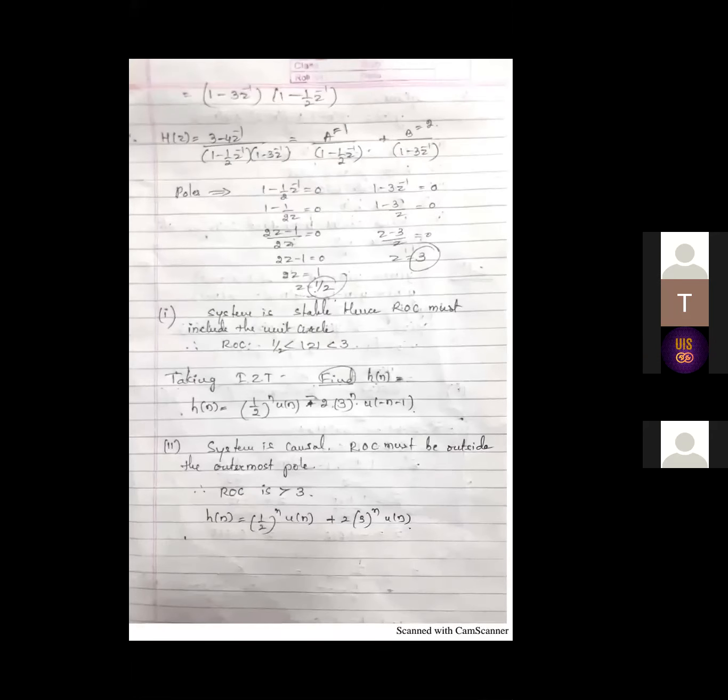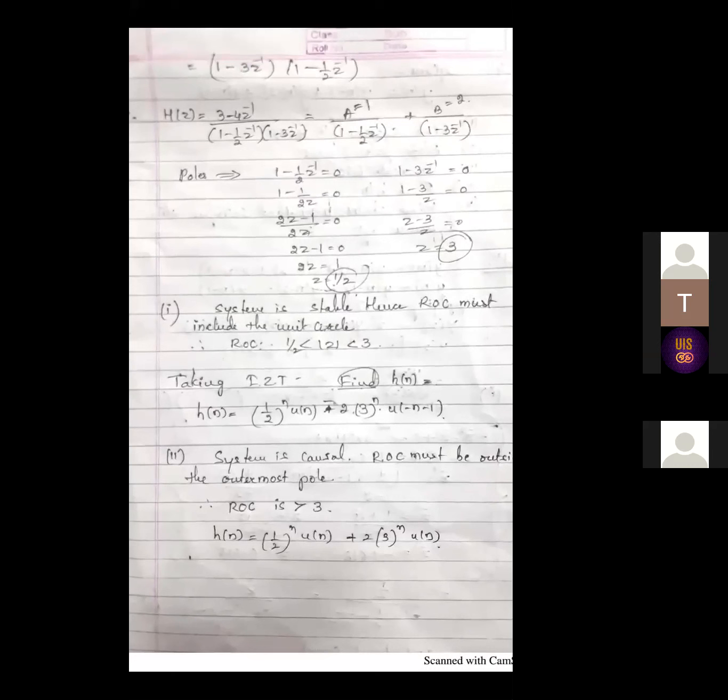So I will get 1 minus 3a into 1 minus a by 2. These are the two factors in the denominator. Replace a by z inverse, then you will have these two factors. Then proceed with the normal partial fraction method.